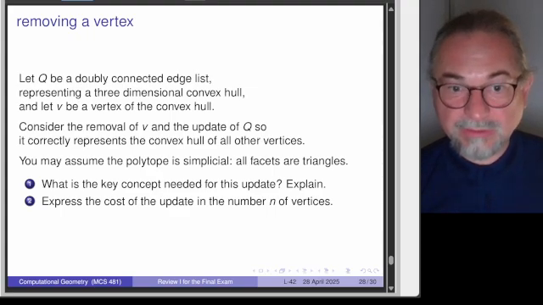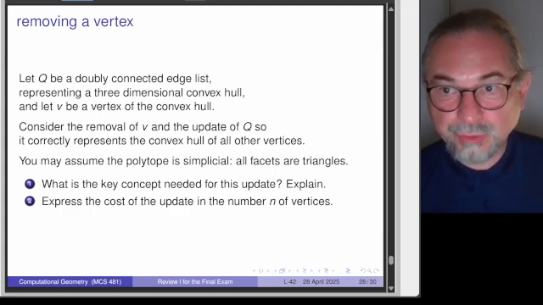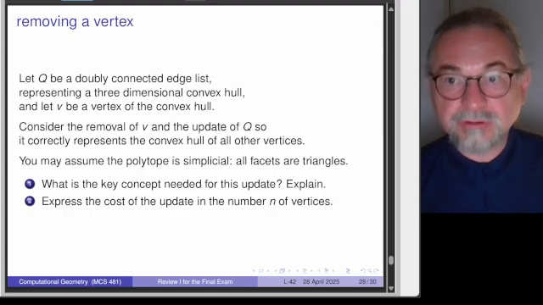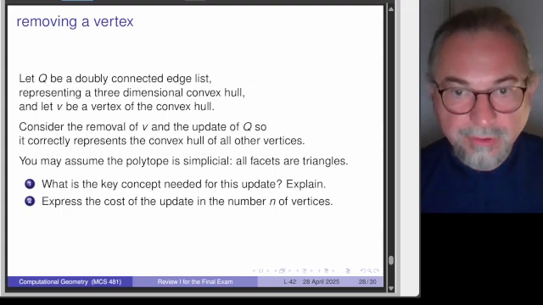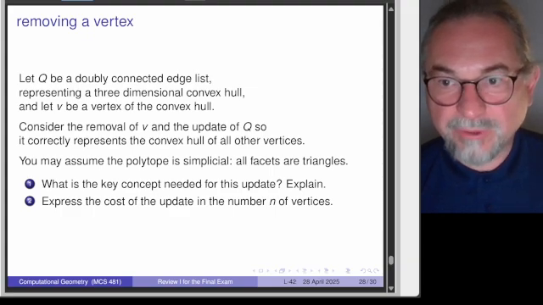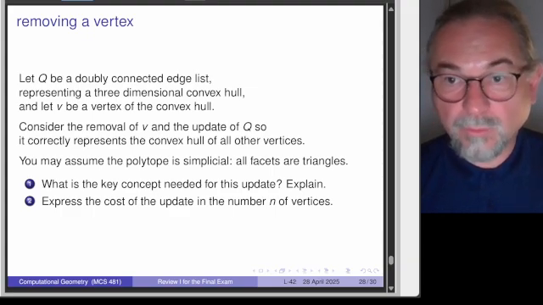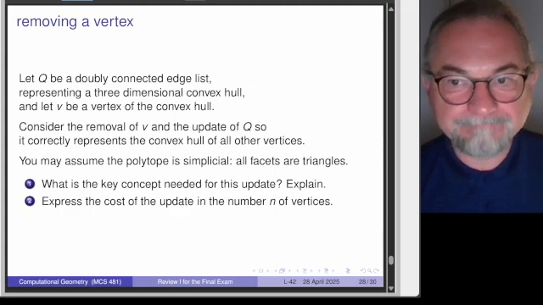And also, what is the cost of this update? So how many operations would you need as a function of the size of your convex hull Q? So we have n vertices, we're removing one of them. How much do we need to remove?